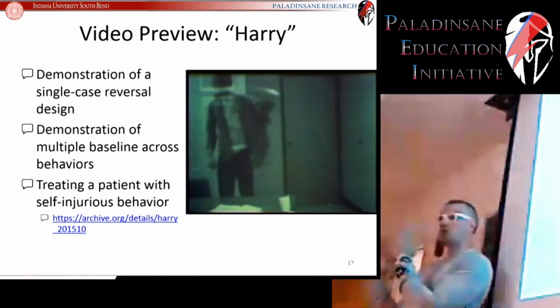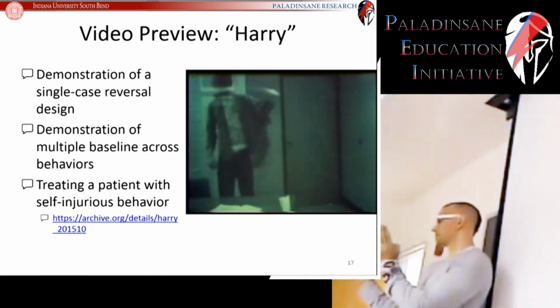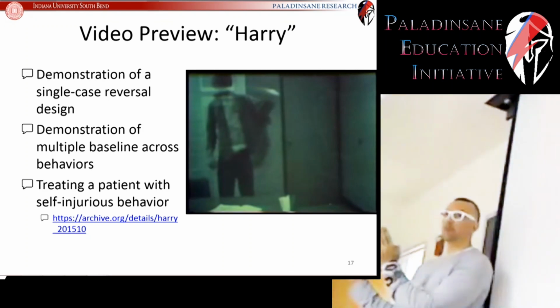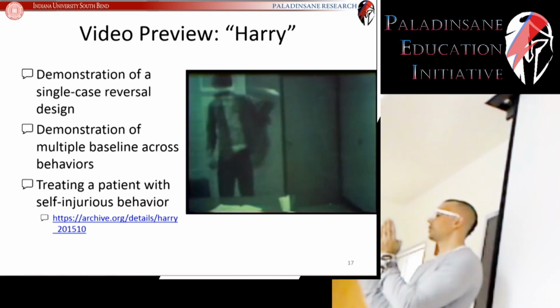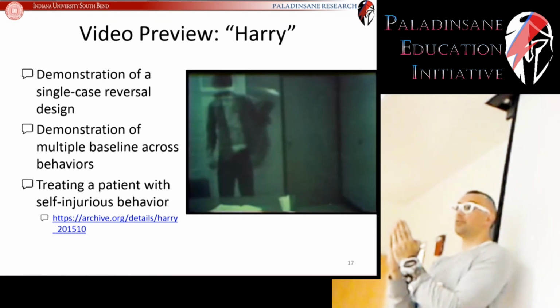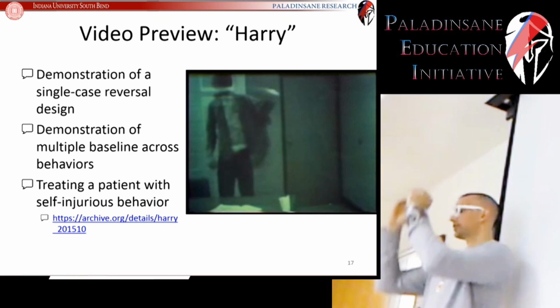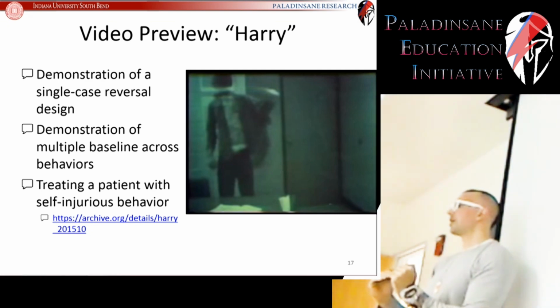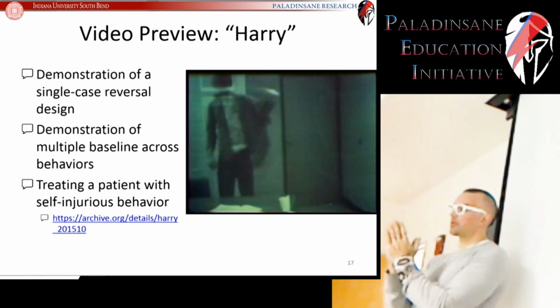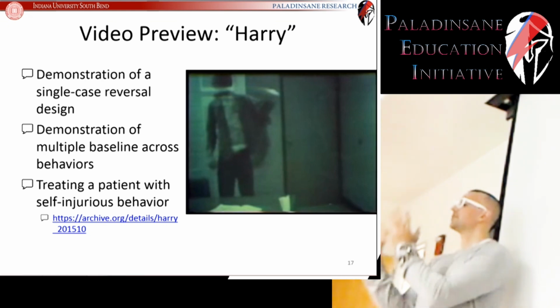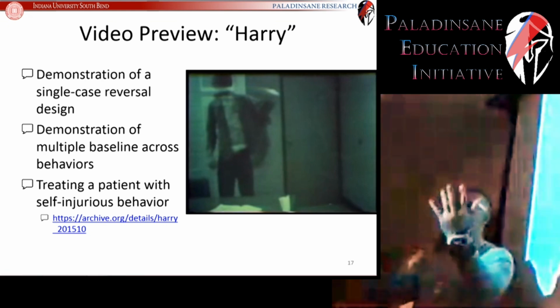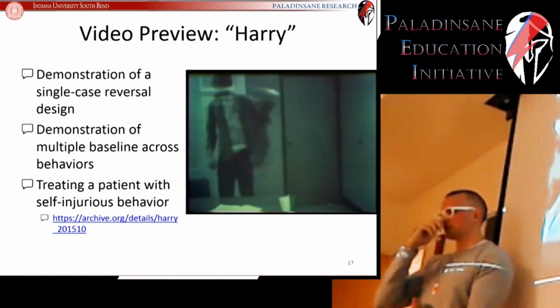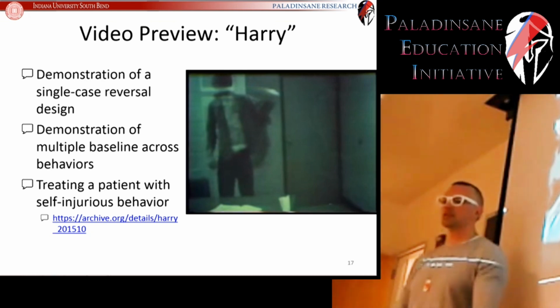So for a quarter of a decade, this individual was self-abusing. And within the space of a few months, Dr. Fox reduced that self-abuse far enough that within the space of a couple of years, they had Harry enter the vocational program. They had Harry enter into their educational program.